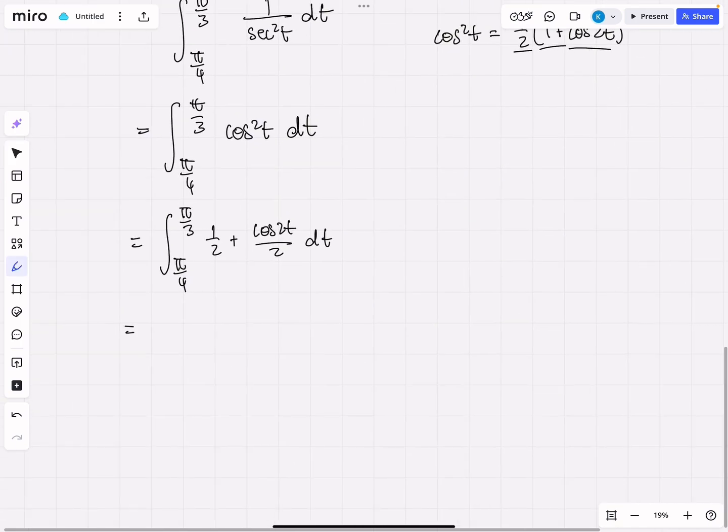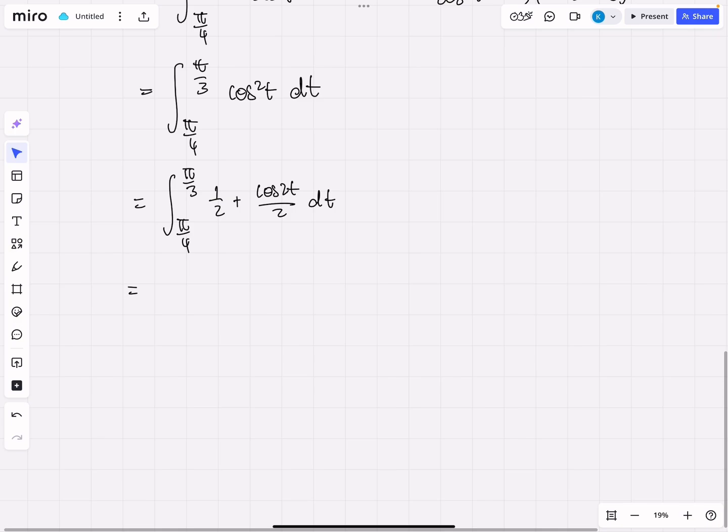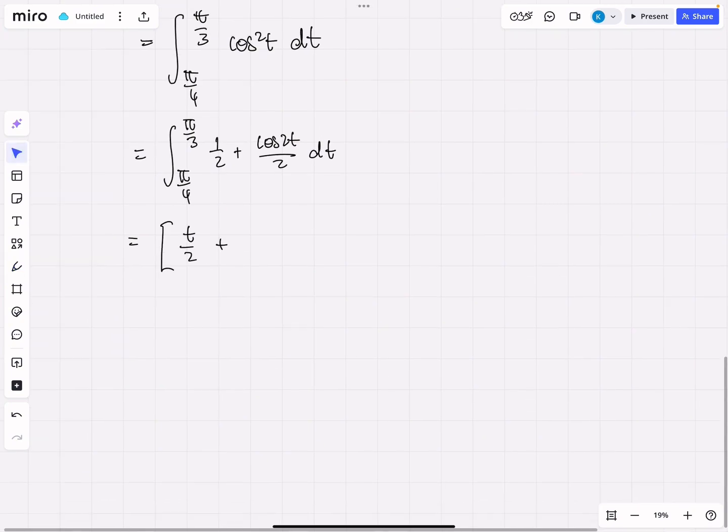So this is going to give us, now if we integrate 1/2, we're going to have t over 2 plus, not differentiate, integrate, sorry. Now if we integrate cos 2t over 2, we're going to have sine 2t, not over 2, but over 4, because we already have that 2 there in the denominator.